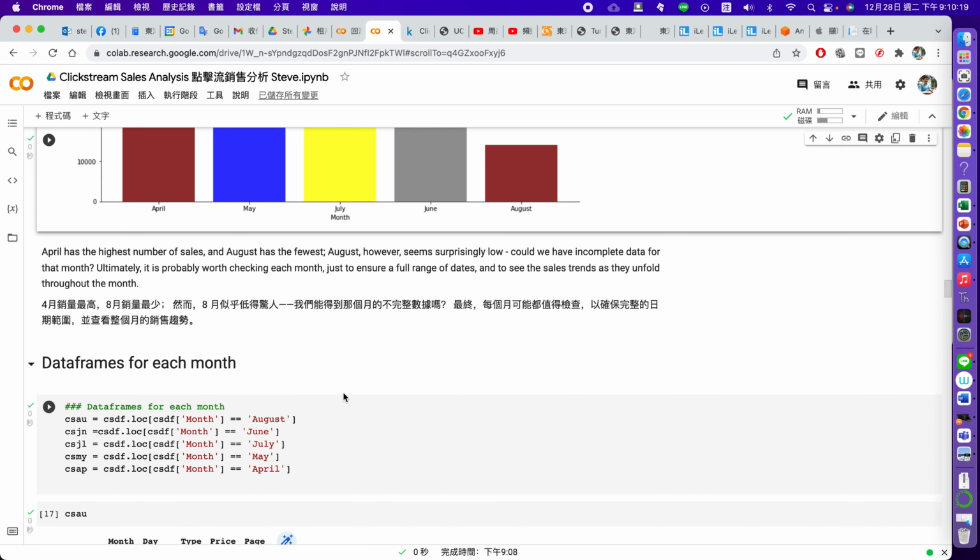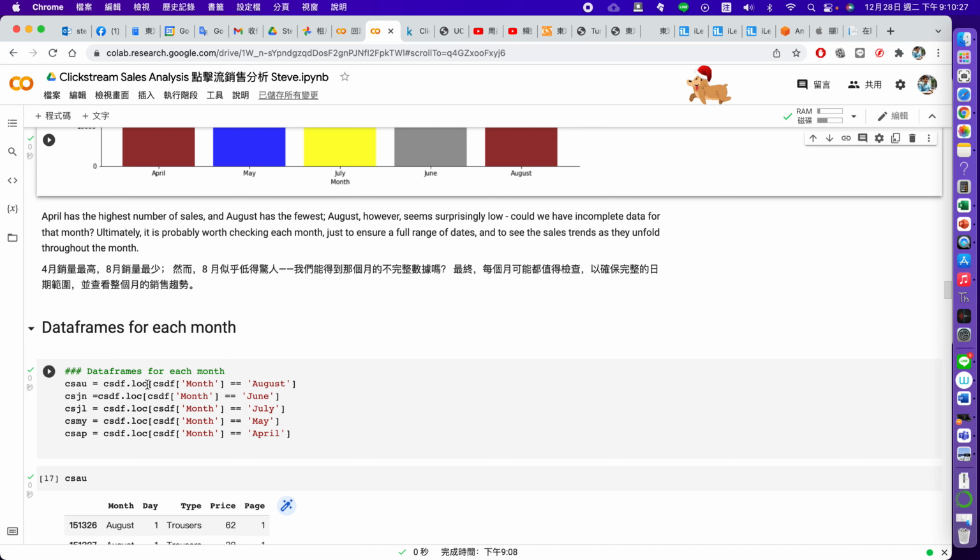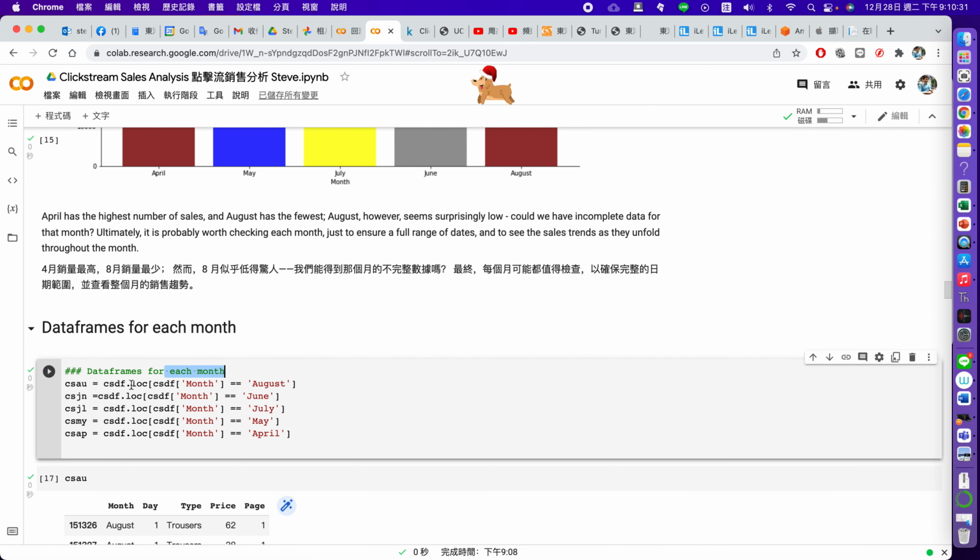Okay, so let us check each sales count for each month. So we use the data frame for each month. So we use loc, location, to slice the months as August, June, July, all the way to April.